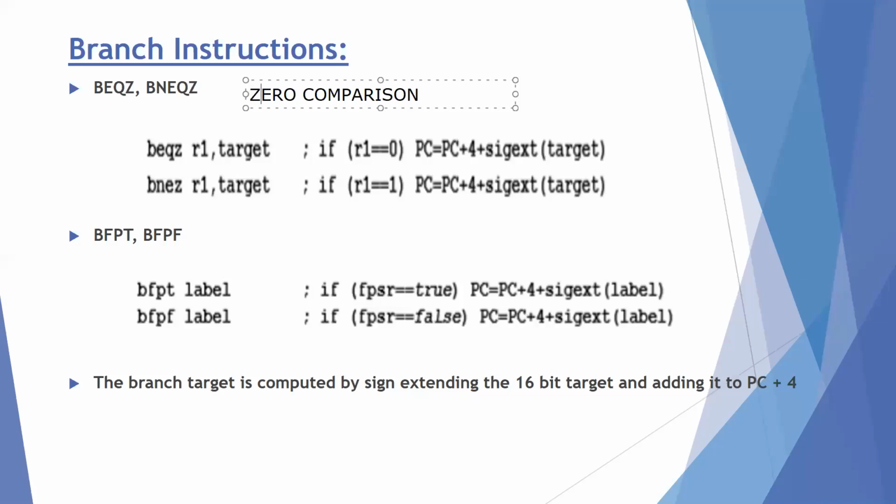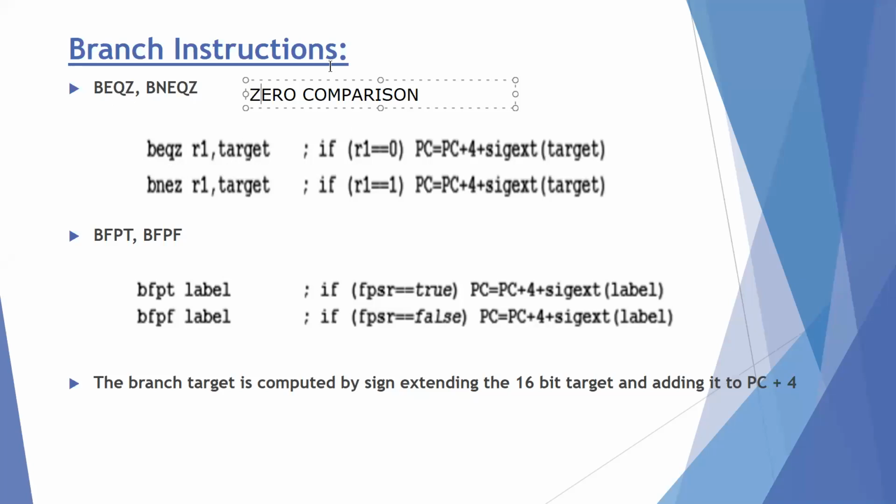For this DLX processor, for example, they have given two instructions, say branch equal to 0 and branch not equal to 0, with some source register and then move to a target. Okay? So say suppose I have given this instruction, branch equal to 0, R1 comma target.